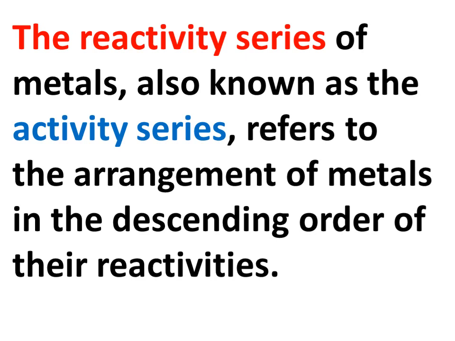It refers to the arrangement of metals in the descending order of their reactivities. For example, potassium is the most reactive metal, and at the last, platinum is the least reactive metal.